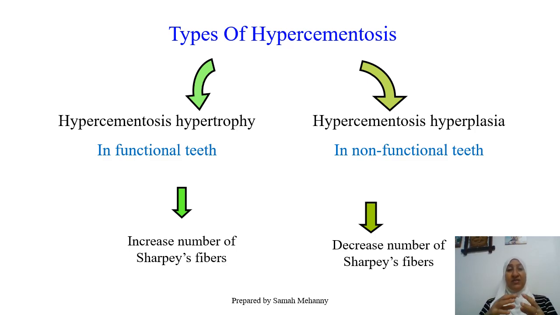While if this cementum increase too much and the Sharpey's fibers are minimal, meaning that we have a surface area of cementum without attachment to the adjacent periodontal ligament, then to the adjacent bone, this is a non-functioning tooth. And by the way, this non-functioning tooth could be lost with time.